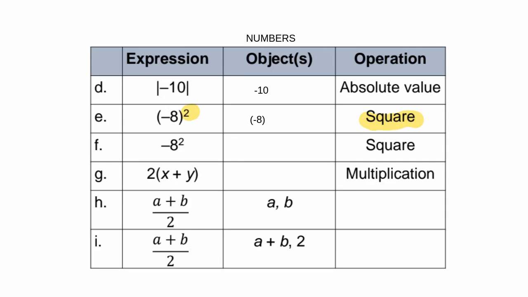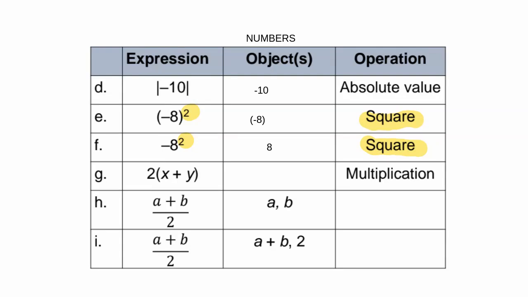Now, be careful with F because we're talking about, again, the square, but the square is only dealing with the number 8. It has nothing to do with the negative sign. The square is saying I have a negative 8 times 8. That is my square.